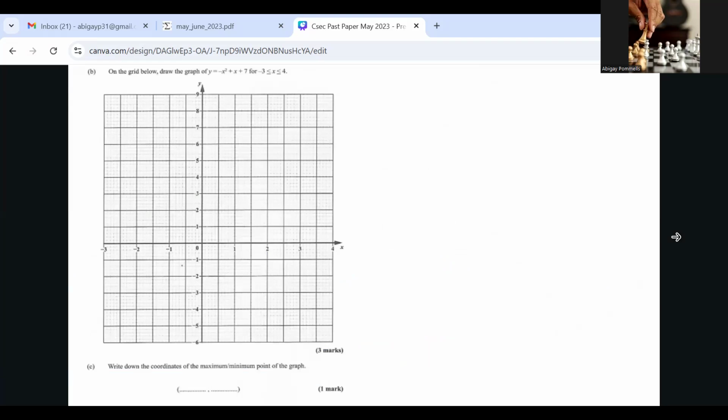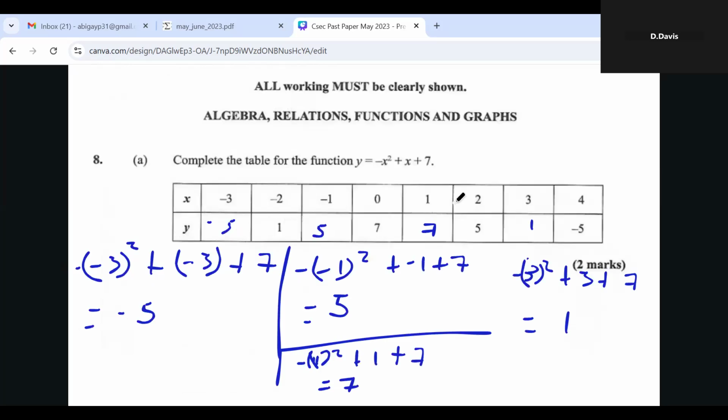This one states, on the grid below, draw the graph y equals negative x squared plus x plus 7 for negative 3 less than or equal to x, which is less than or equal to 4. All right, so this is the table. So we're plotting points on the graph. So wherever x is, let's cross.